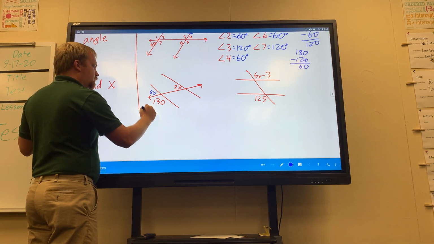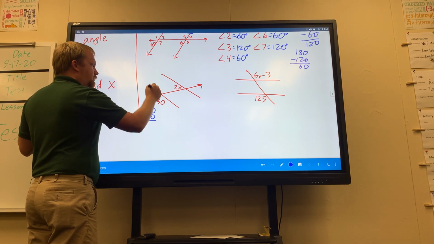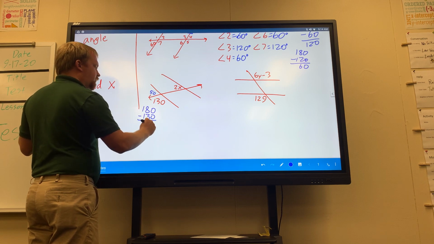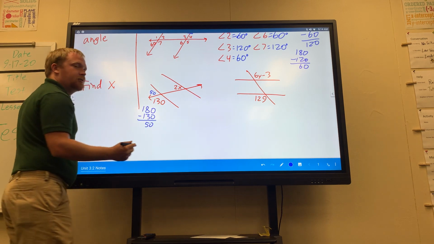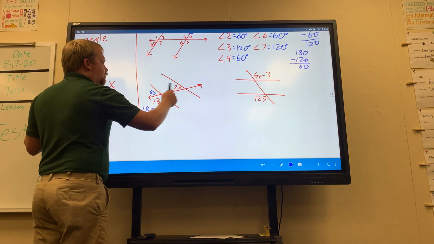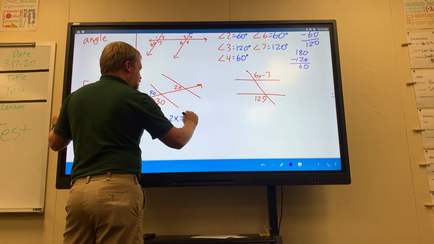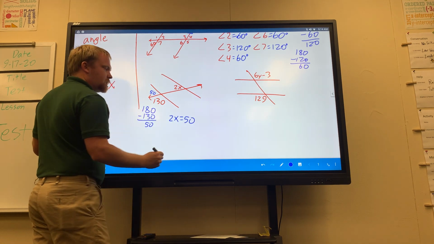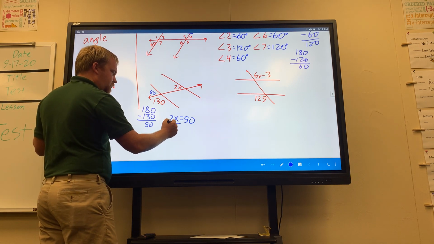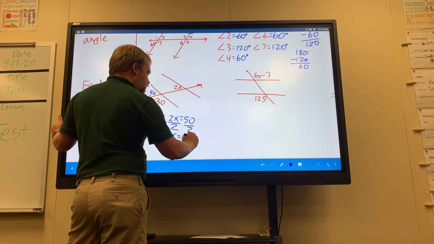How do I know that? 180 minus 130, because remember, this little straight line is 180. Subtract the difference, and I get 50 degrees. Now, because these two are corresponding, I can set it equal to each other, solve for x. 2 times x equals 50, remember I gotta divide by 2, and that gives me 25.